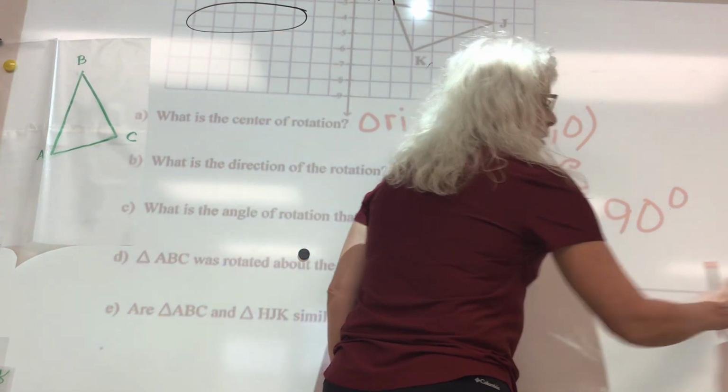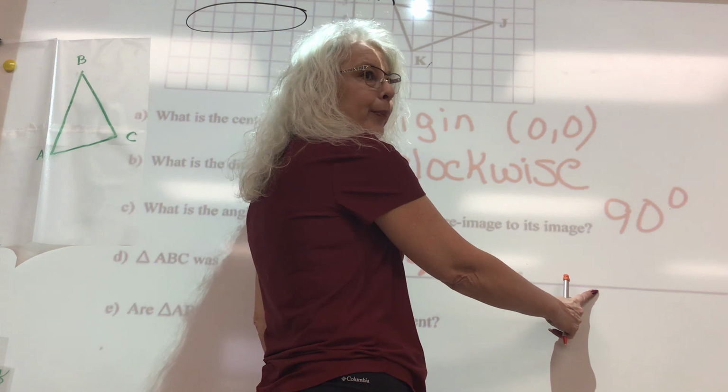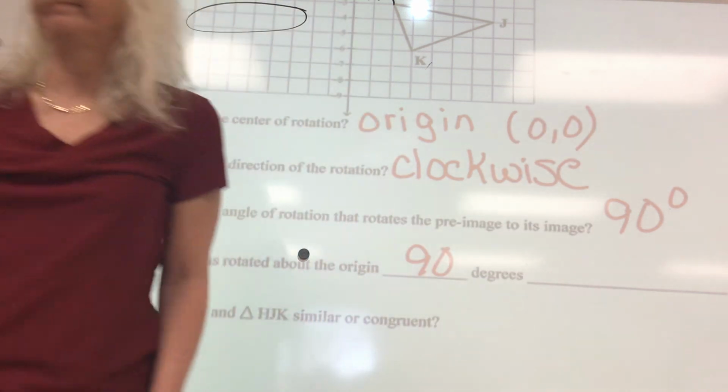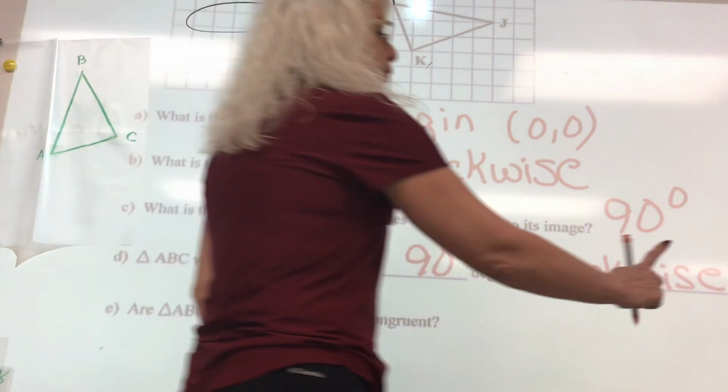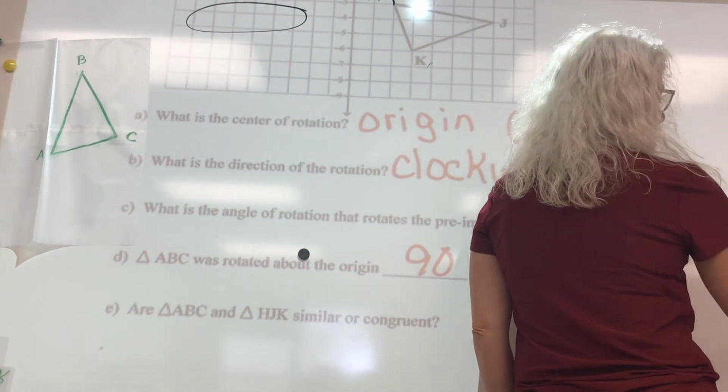Blank to form. What do you think I'm going to put in here? Clockwise. To form triangle HJK.